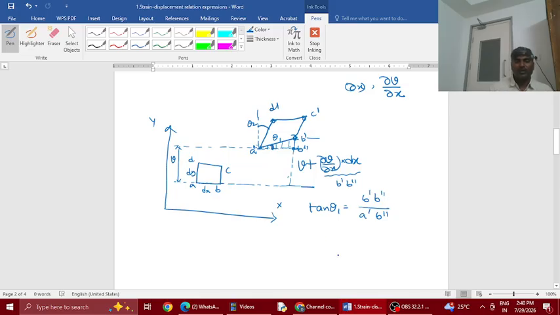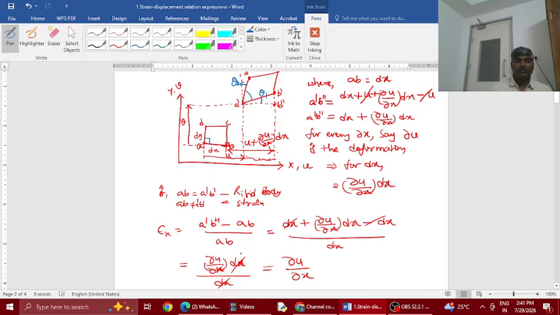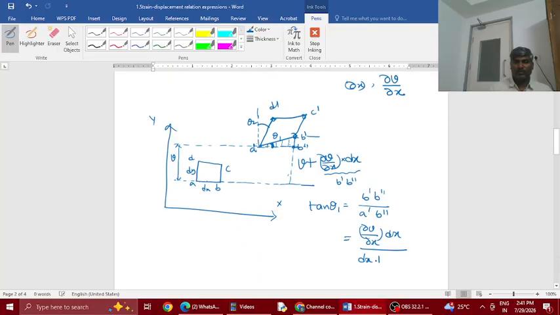So b dash b double dash value is dou v by dou x into dx, from the above expression, divided by a dash b double dash, which we have already calculated. This a dash b double dash is equal to dx plus dou u by dou x into dx. So you substitute it here: dx plus dou u by dou x into dx.